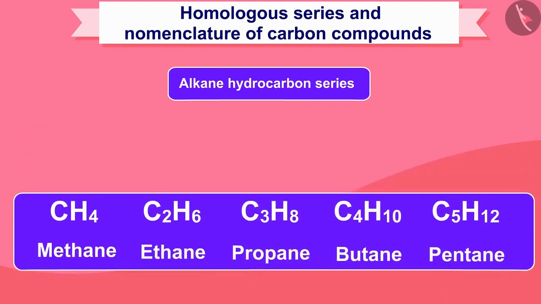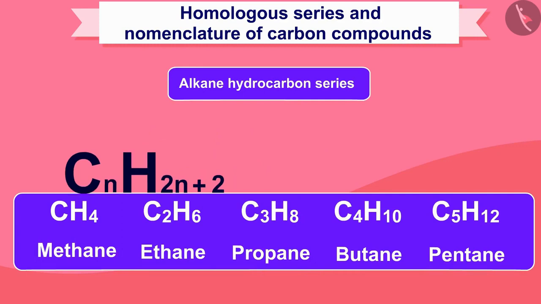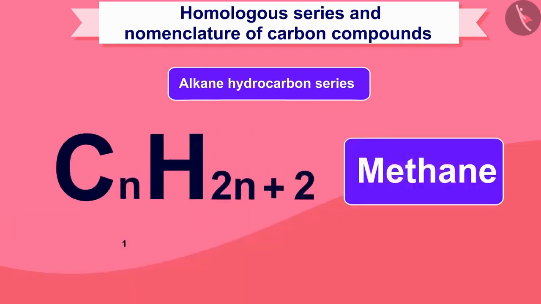And as you can see, we can represent any compound of this category by the formula CnH2n+2. For example, in the first compound of the series, methane, n will be 1.